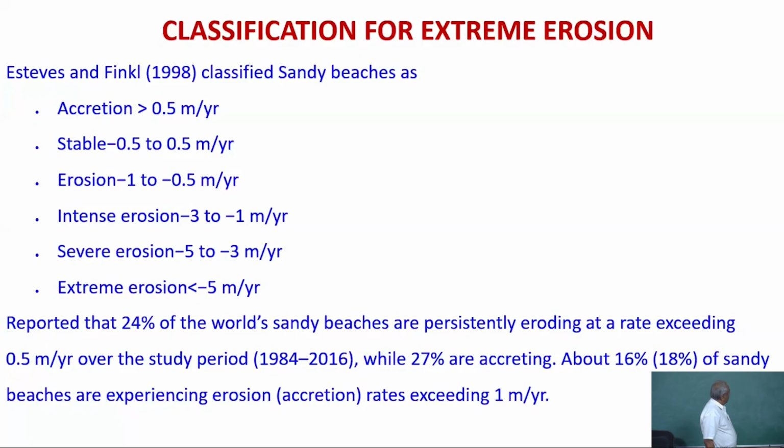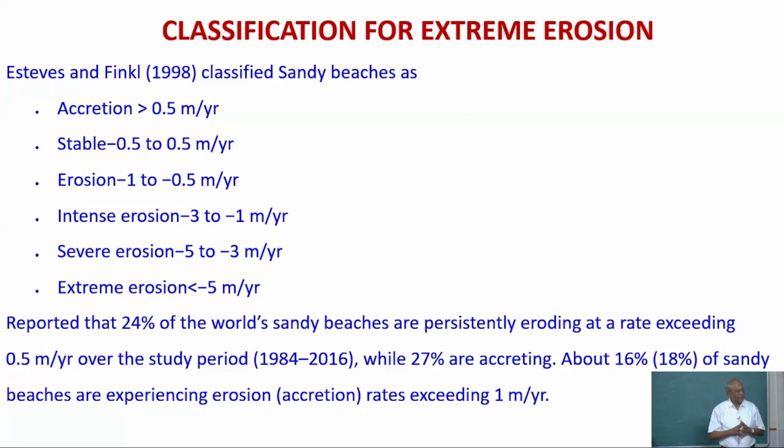Estevez and Finkl had reported that 24 to 25% of the world's sandy beaches are persistently eroding at rates exceeding 0.5 meters per year, over a steady period that they have studied, taking all the sandy beach results, etc. And while 27% are accreting, don't think that is always good.